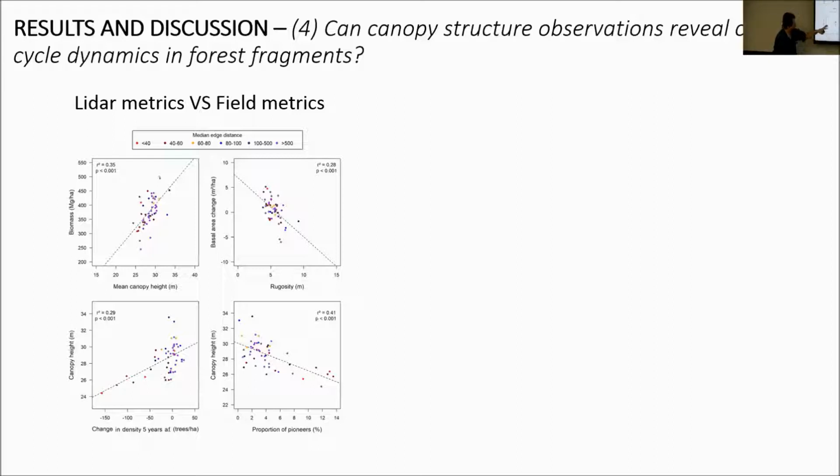And these two graphs here are just to explain what was expected. The change of the trees 5 years after is correlated with the canopy height. When you have the loss of trees, the canopy height is smaller.